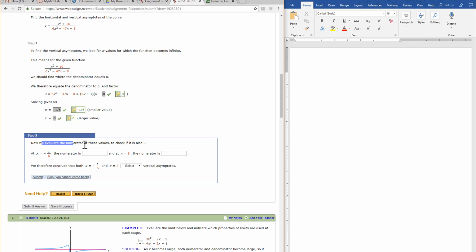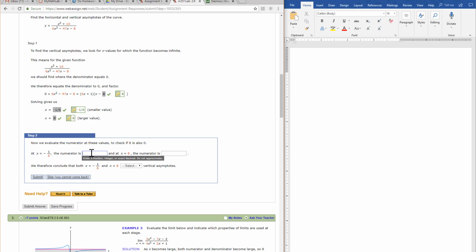Step 2, now we evaluate the numerator and check to make sure it's not also equal to 0. So we put 1/6 into the numerator. 1/6 here would be 1 over 36 plus 10.